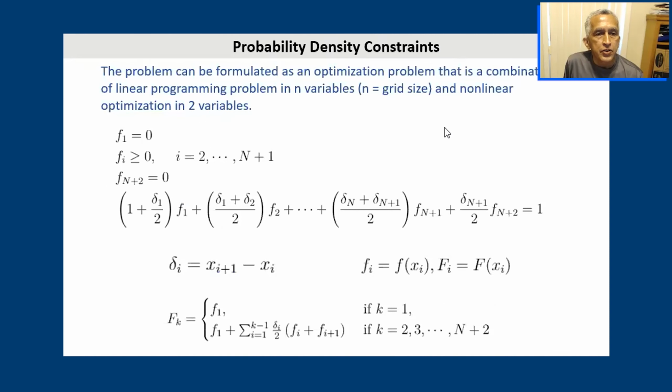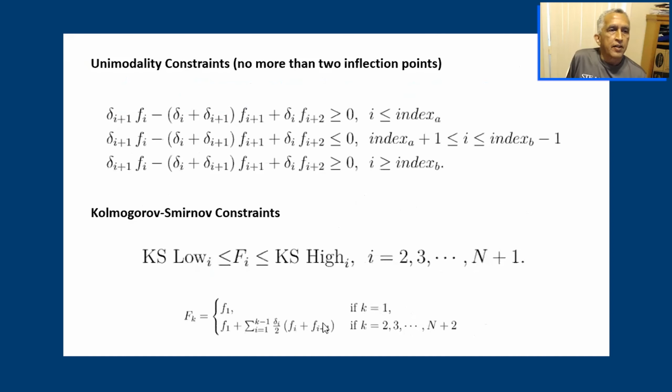The constraints can be written down mathematically. This delta I is the spacing between successive grid points. This constraint says that you have a density, the area under the density is 1. The unimodality constraints are shown here. Our definition of unimodality is that the density function has no more than 2 inflection points. So this is a bit stronger than the usual definition of unimodality.